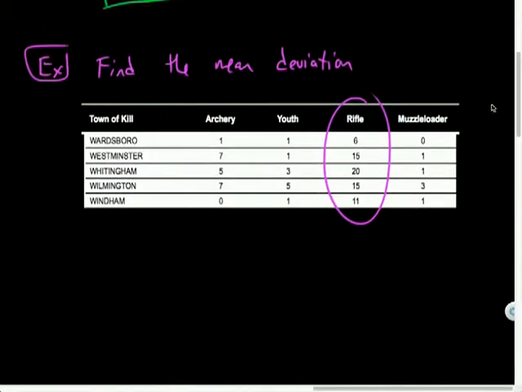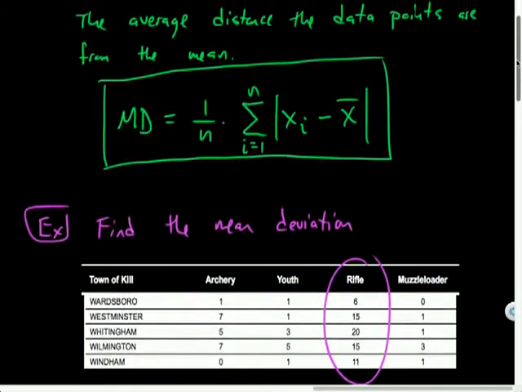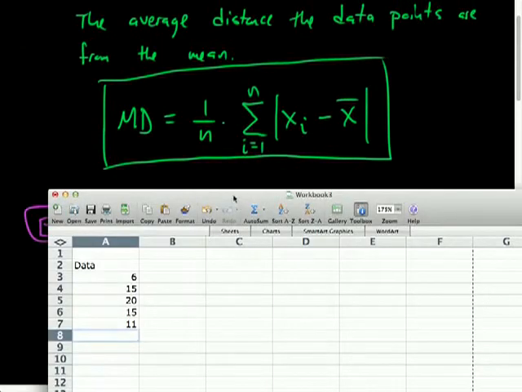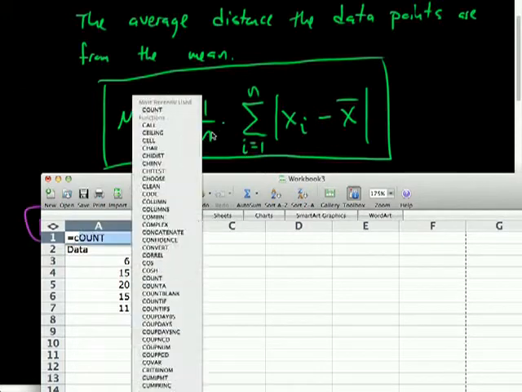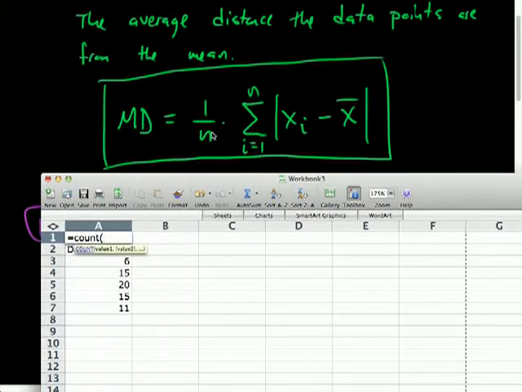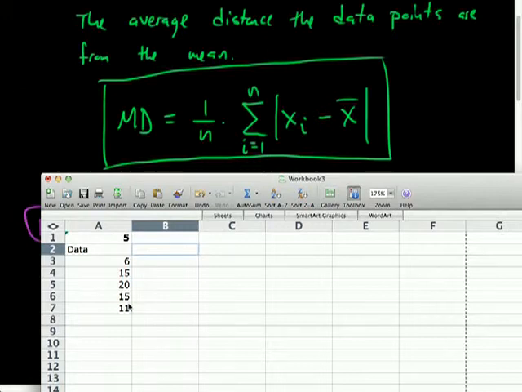Let's scroll up to look at the formula as well. In Excel, first of all, I will need to know how many data points I have, because that's what n is. So I'm going to do equals count, and count everything from A3 to 103, which allows me up to 100 values. There's my n, which is 5. I also need to know x bar, the mean.